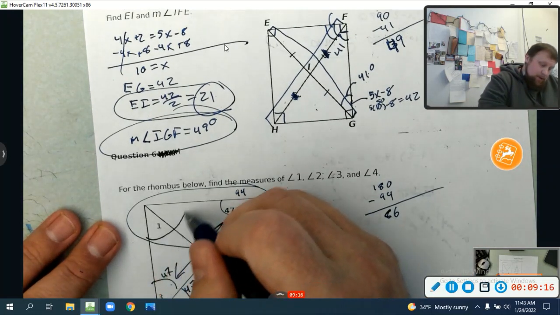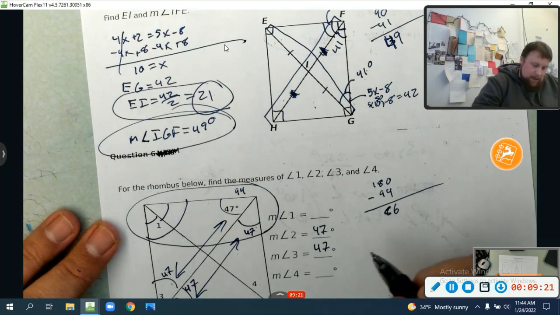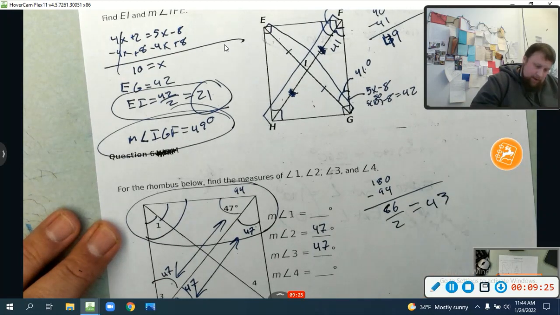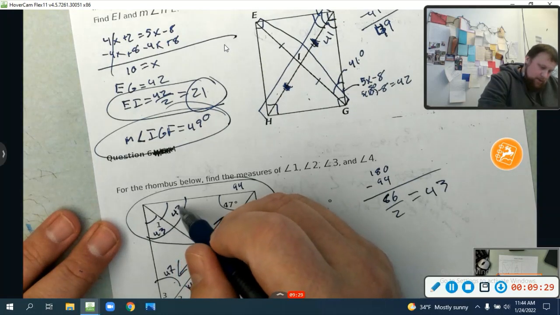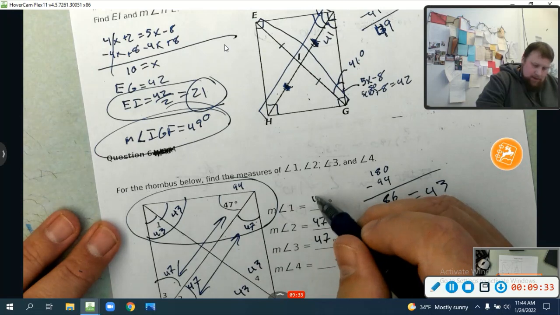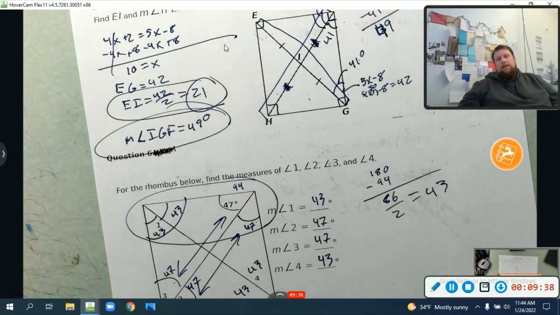And since this whole thing is 86 and these angles are congruent, then what can I say? I can say, all right, the whole angle is 86, but divide it by 2, and I get 43. So I know angle 1 is 43, and the angle next to it is 43. I also know the opposite angles are the same, 43 and 43. So boom, 43, 43. Looky at that.